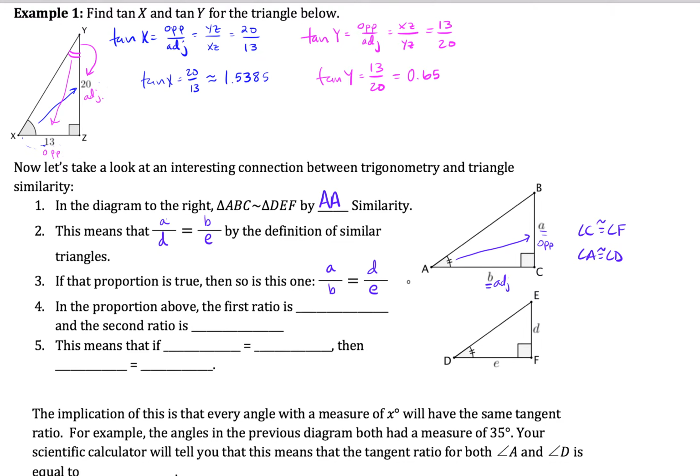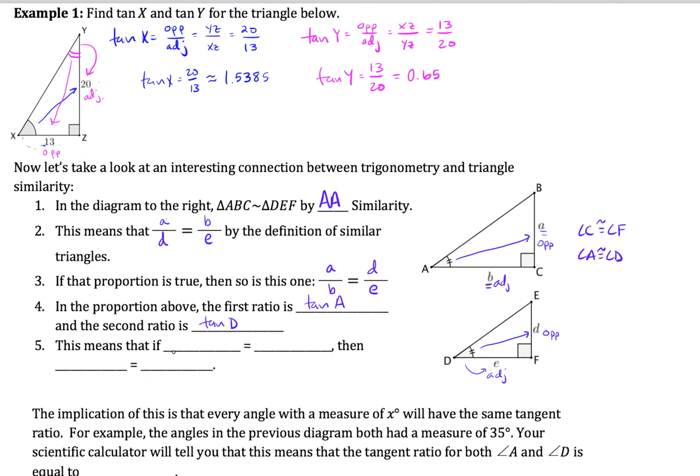So this A over B is the opposite side over the adjacent side for angle A, and that means that we are looking at the tangent of angle A. A over B is the tangent of angle A. The second ratio, D over E, well, something similar happens there, right? Because D is opposite angle D, and E is adjacent to angle D. And so D over E is opposite over adjacent for angle D, so that means that D over E, or the second ratio in this proportion, is the tangent ratio for angle D.